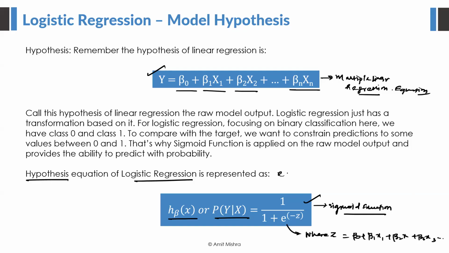This returns the probability of output equal to 1 for a given value of x. That's how things work. Now let's continue.